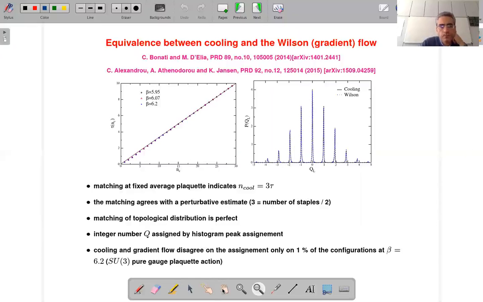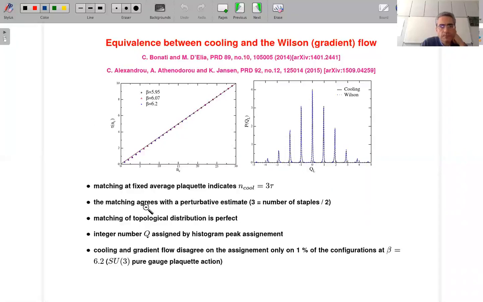So the matching of the topological distribution is perfect for different smoothing methods. Actually, what is found is that there is an exact correspondence between the number of cooling steps and the Wilson flow time, which is this factor 3, which can also be computed perturbatively.